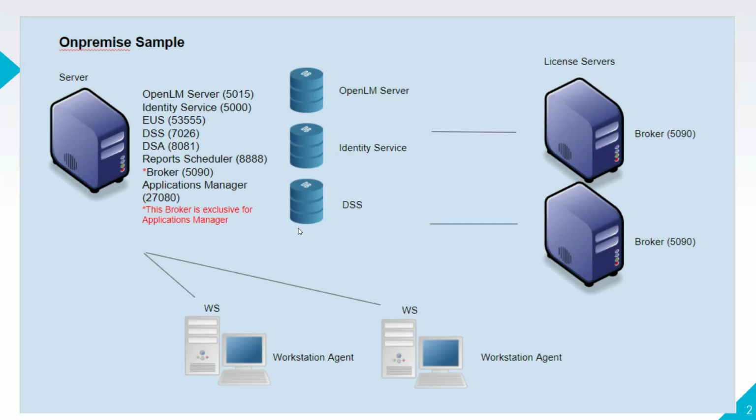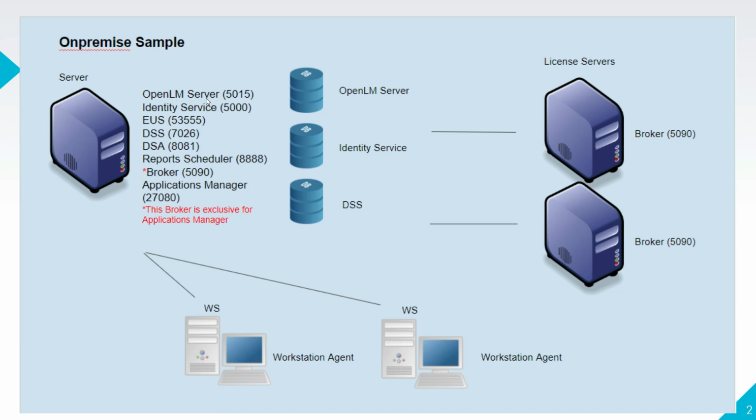So going back, I explained the main components: the OpenLM server, the broker, and the identity service, which is a security component. It holds the login accounts for EasyAdmin, the OpenLM server browser UI.